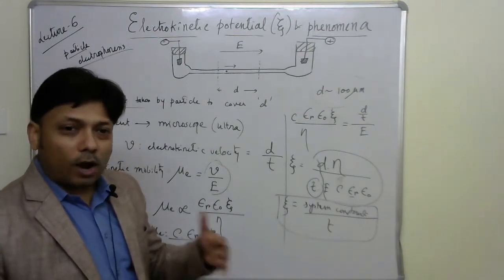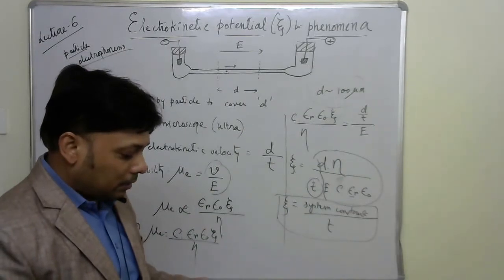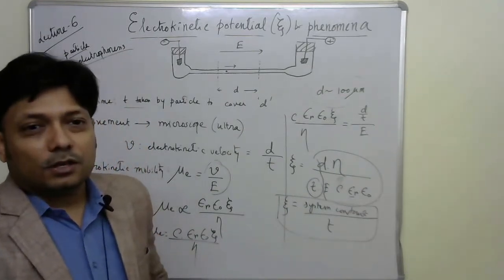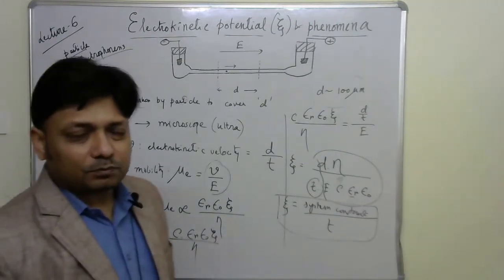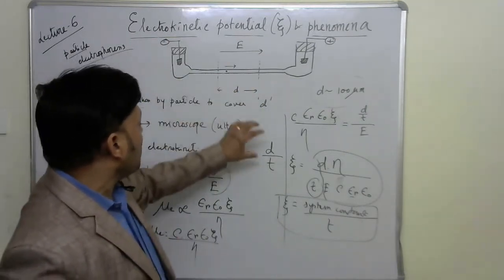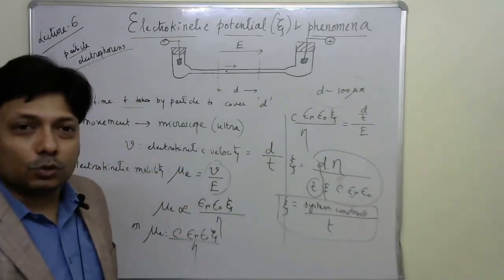So that is the working principle for particle electrophoresis, or also called the microscopic electrophoresis. So these days, okay, we do not use this ultra microscope to see the movement of a particle within a capillary tube.